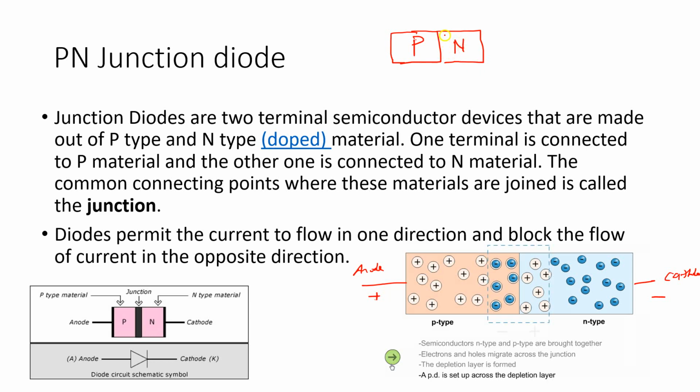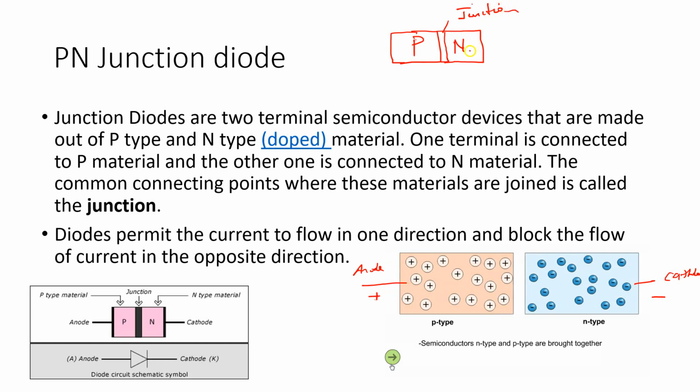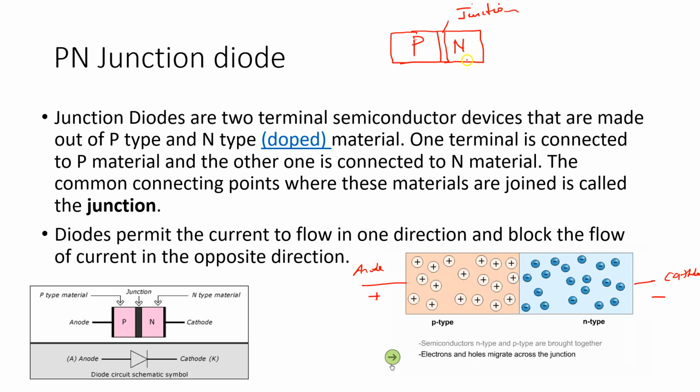Whenever you bond it with an n-type material, there is going to be a junction, what we call a depletion region, right? And remember we said that the depletion region is that region where there are no free charge carriers.